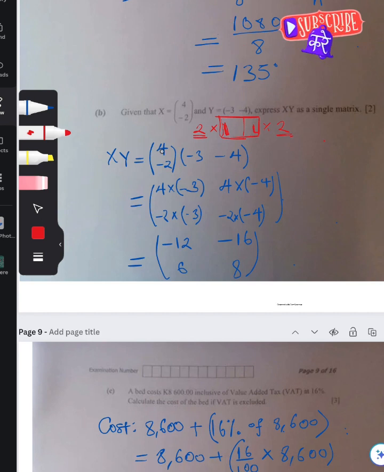So this is 4 multiplied by -3, which is -12. Then 4 multiplied by -4, which is -16, and -2 multiplied by -3, which is 6, and -2 multiplied by -4, which is 8.